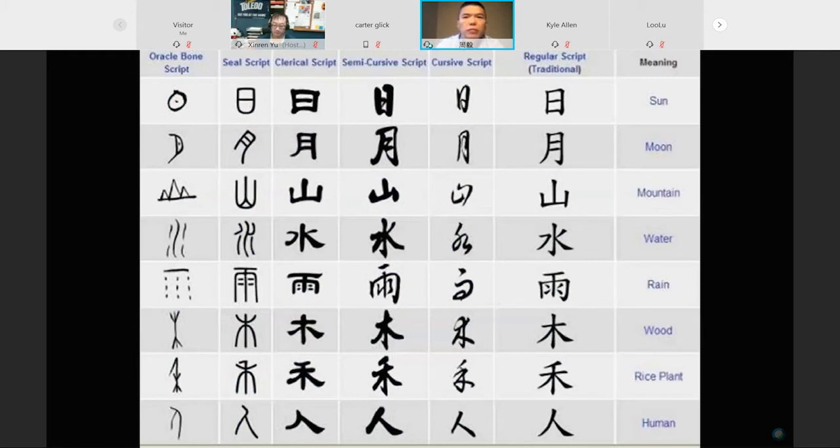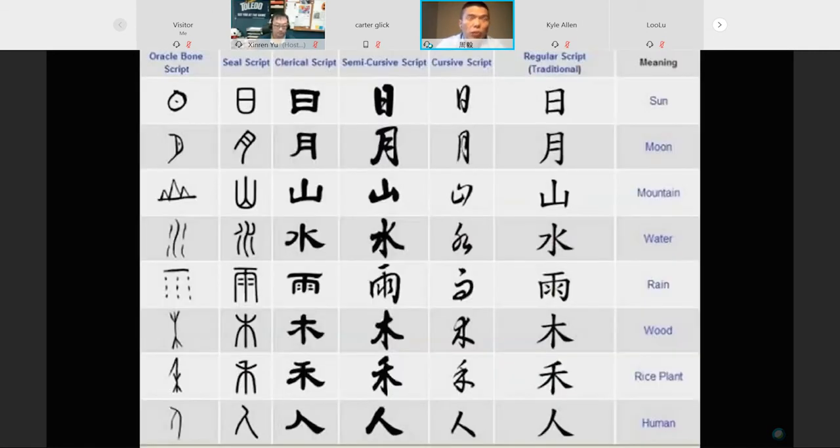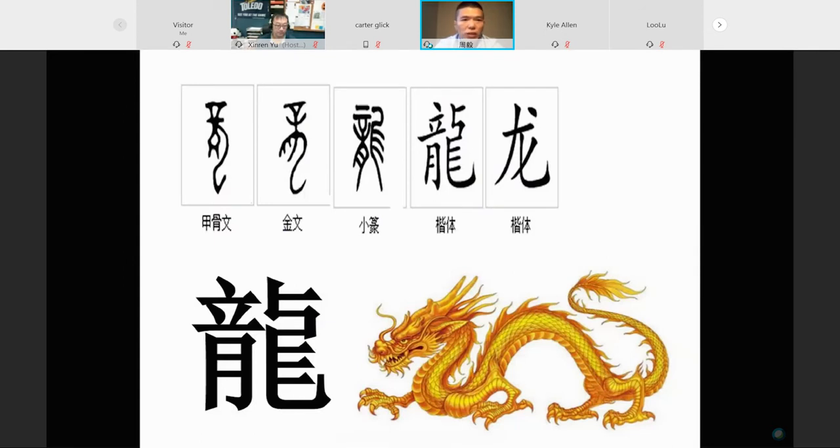So this is how the character of Chinese dragon evolved. From the very beginning, see oracle bone script. The first one is oracle bone script, and it evolves like this.